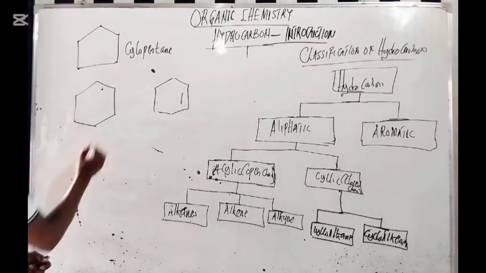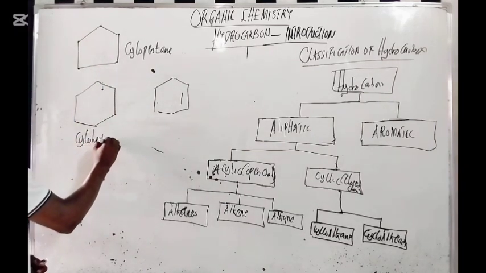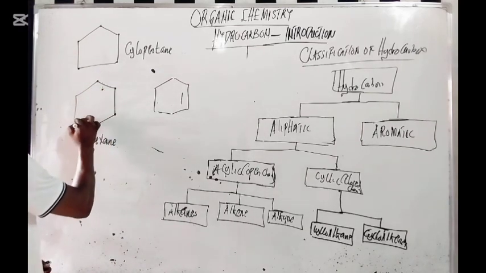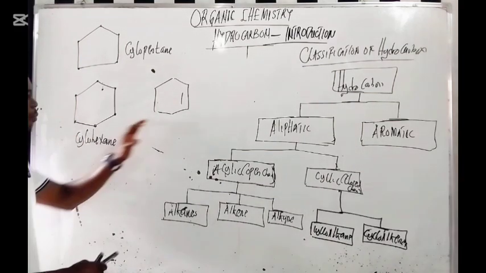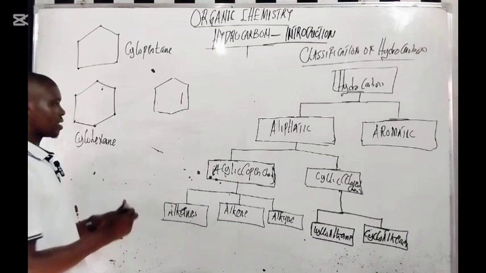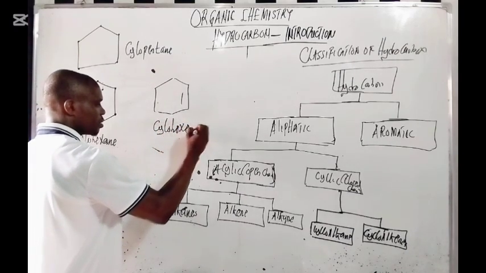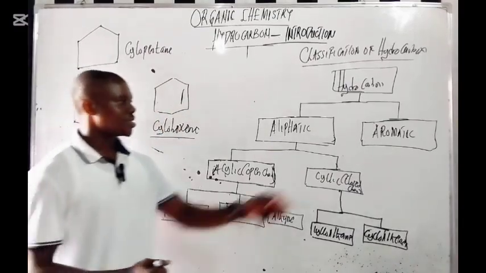This one is called cyclohexane: 1, 2, 3, 4, 5, 6. Here we have cyclohexane, but here we have cyclohexene, because of this double bond, right? So these are the classifications.